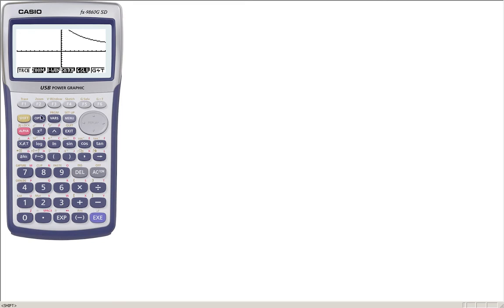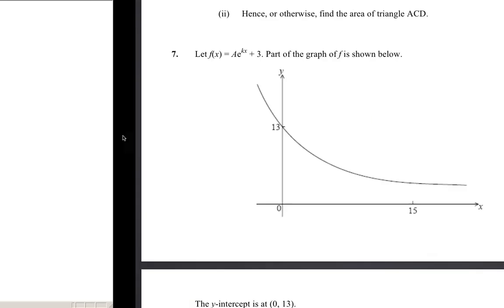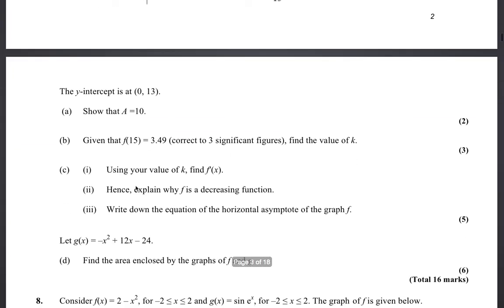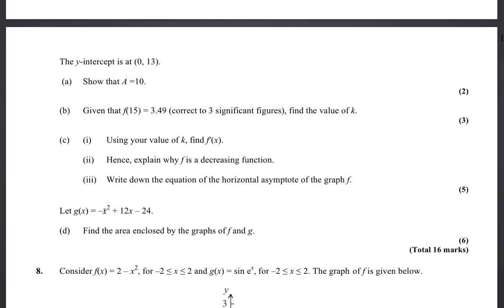So let me change the scale, shift view window. Let me make y minimum 0 and y maximum, let us say, 15. Yeah, better. So now I'm going to draw this second function, that is this parabola minus x squared plus 12x minus 24.